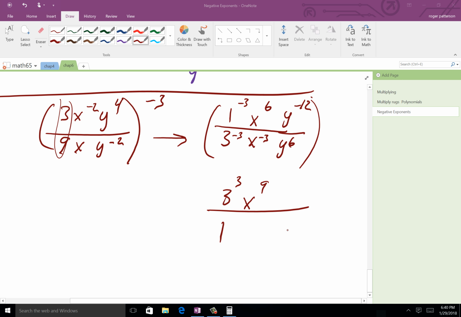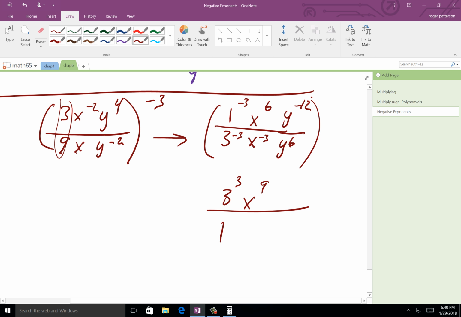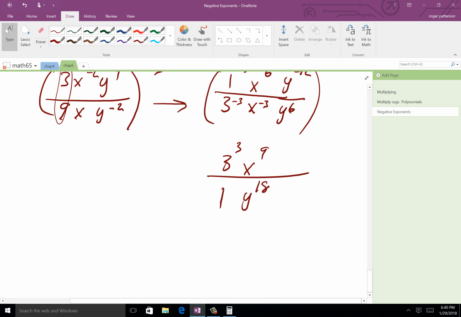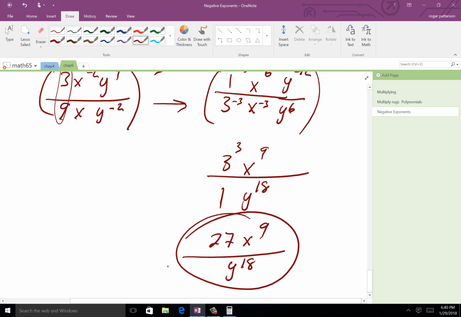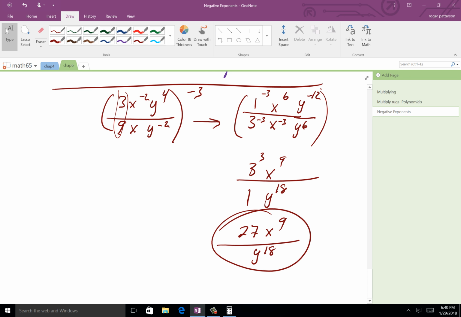This y to the negative 12 is going to go to the bottom, but the y to the 6 is going to stay. Three times 3 is 9, times 3 is 27. And that's what that looks like. Okay, so that would be doing it, all right, by taking and applying that negative 3 in there first.